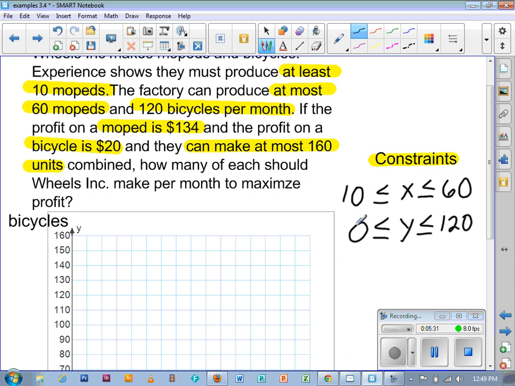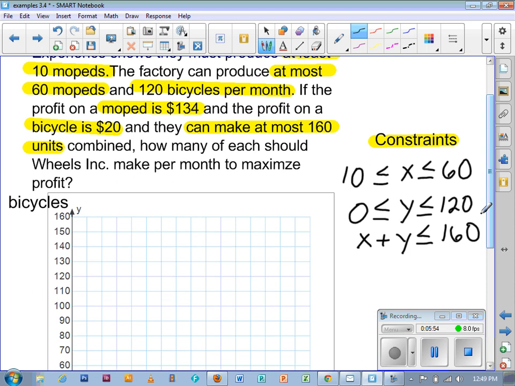Yet another restriction that we have is the total number we can make, 160 units. Together, X plus Y has to be less than or equal to 160 units. We cannot manufacture more than 160 units. And yet one last restriction is, in this particular problem, negative numbers are not relevant.